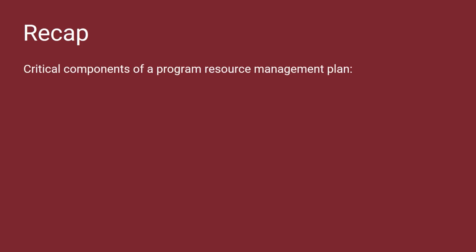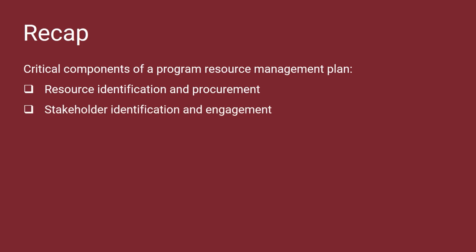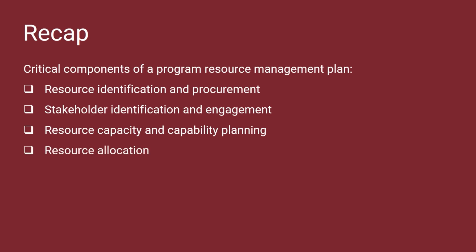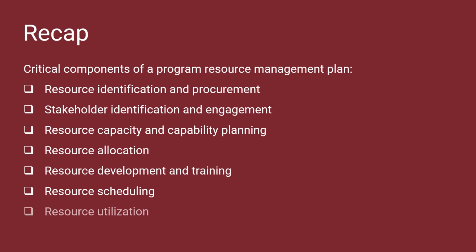In this video, you learned that the critical components of a program resource management plan include resource identification and procurement, stakeholder identification and engagement, resource capacity and capability planning, and resource allocation. It also involves resource development and training, scheduling, resource utilization, and tracking and reporting.